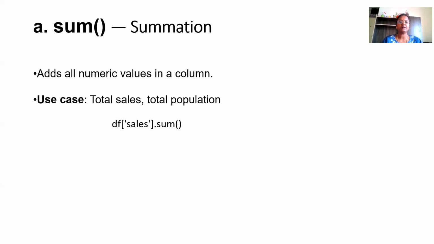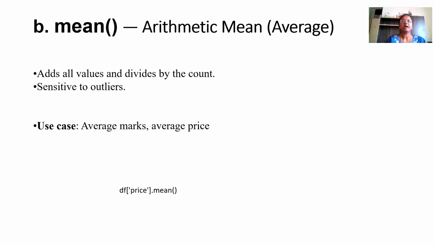If you want to sum up all the values available in a particular data set, then you can apply the summation aggregate function. The second one is the mean aggregate function, the arithmetic mean, which is called the average function. When you want to apply the average function to a given data set, you can use the mean aggregate function.